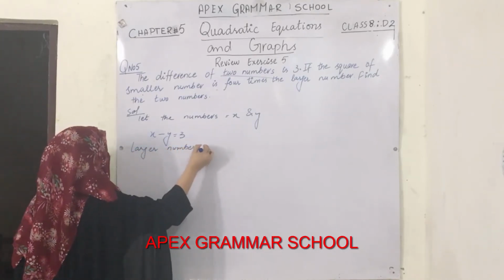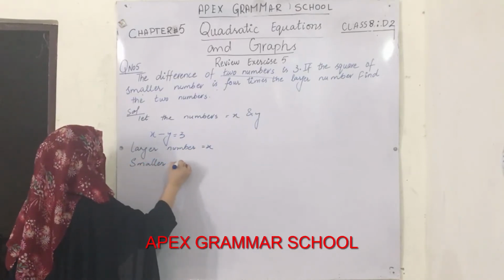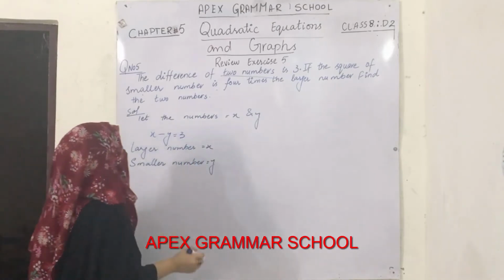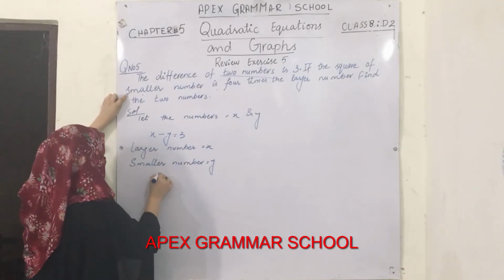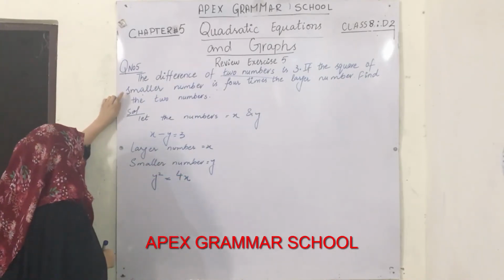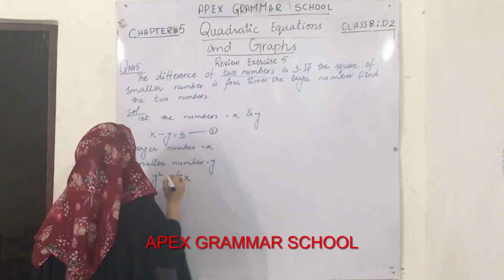The larger number is x and the smaller number is y. So the condition given to us is: the square of the smaller number is 4 times the larger number. So name this as equation number 2, y² = 4x, and x − y = 3 as equation number 1.